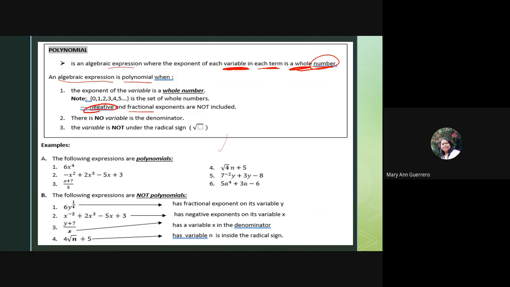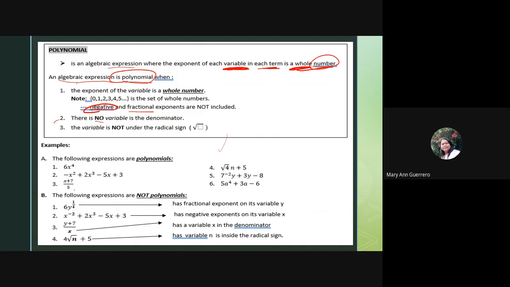So remember the set of whole numbers 0, 1, 2, 3, 4, 5, and so on. So yun lang ang pwede maging exponent ng variable para masabing siya ay polynomial. Okay. Second, an algebraic expression is polynomial when there is no variable in the denominator.